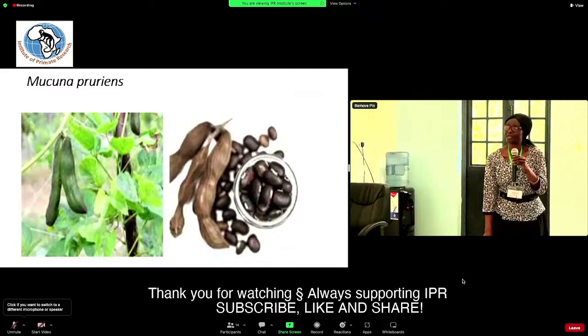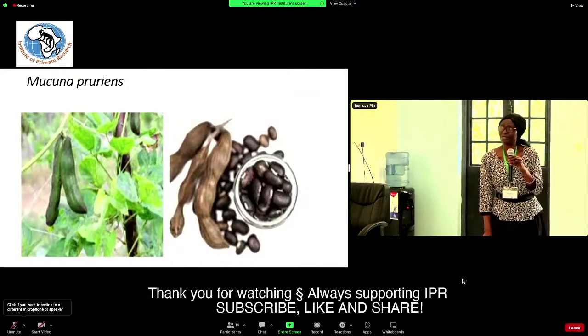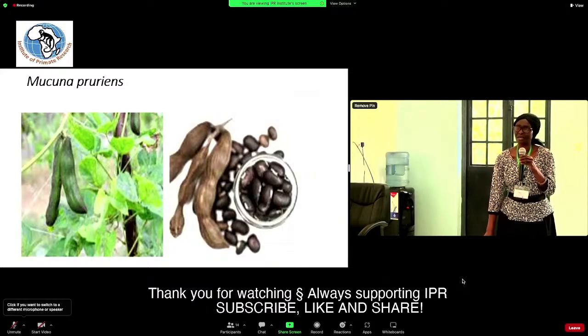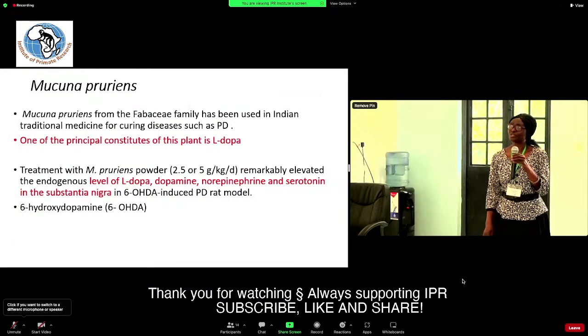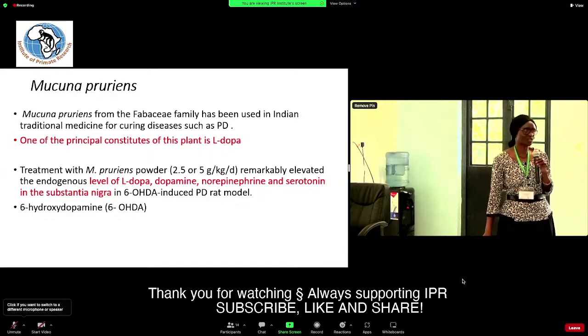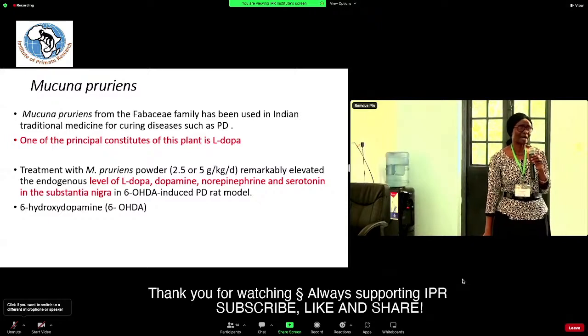Next. So like Mucuna pruriens, that is how it looks, both the shrub and the seeds that are being used. Next. This is one of the Indian traditional medicine herbs, and the important thing about it is that one of the main active principles is L-DOPA. L-DOPA, as you may remember, is key to Parkinson's disease.